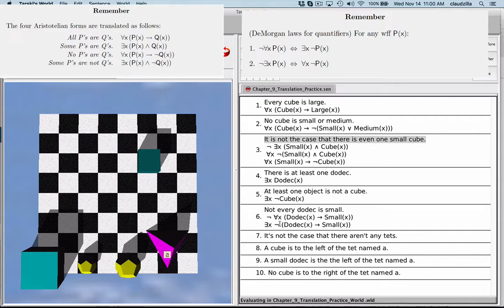Because the only change that we've made is from the negated universal to an existential with the negation on the other side, that is on the right side of the existential. Everything else has been left untouched. It's not until we begin to work on the connectives, the operators, that we'll begin to see the standard existential negation.